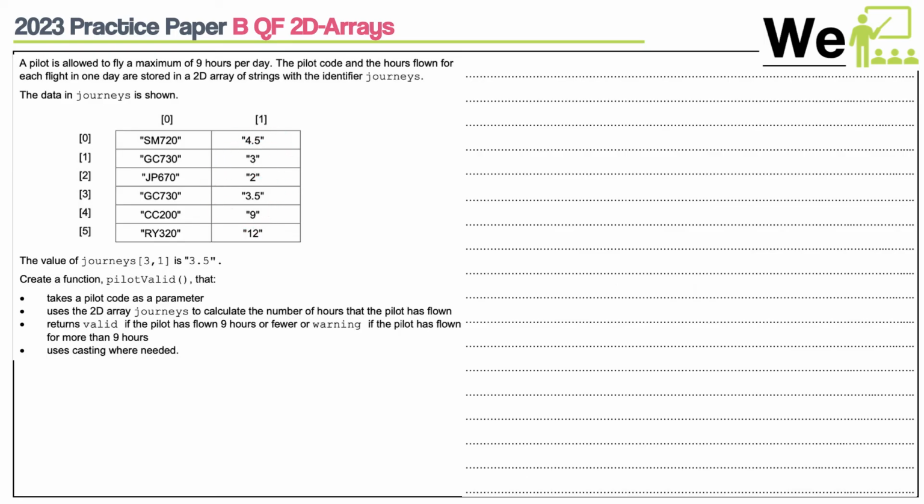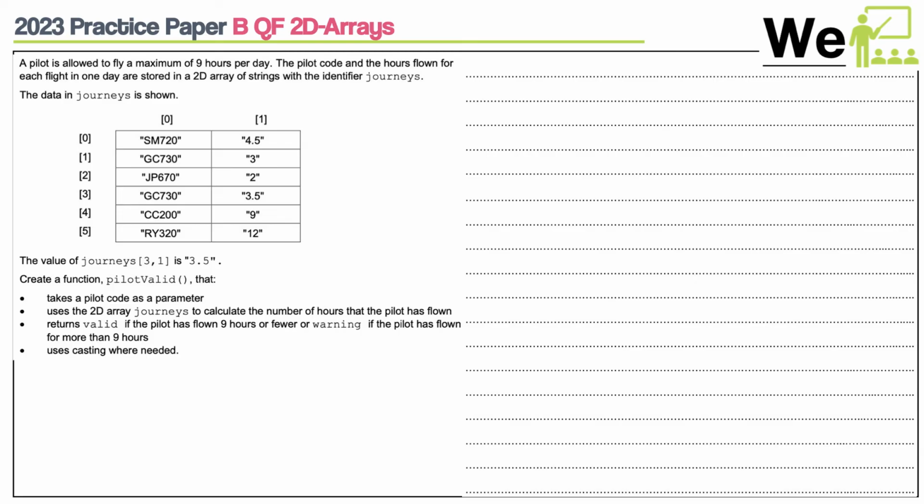So if we just add these strings together, it's going to concatenate. And we do not want that. So we're going to have to cast these strings to integers to allow us to do the actual calculation. Otherwise, it's not going to work. And then finally, checks if it's over 9 or if it's 9 or less. And then finally returns that value.